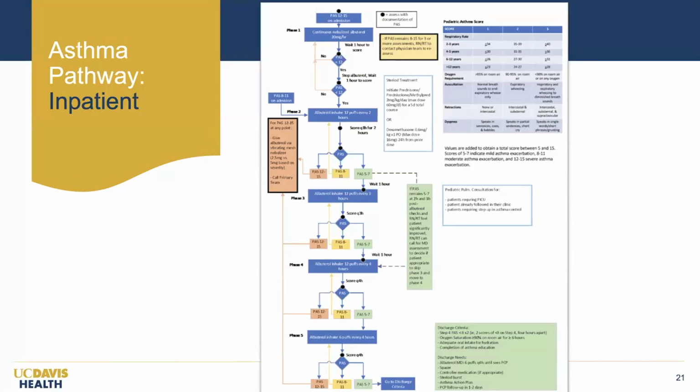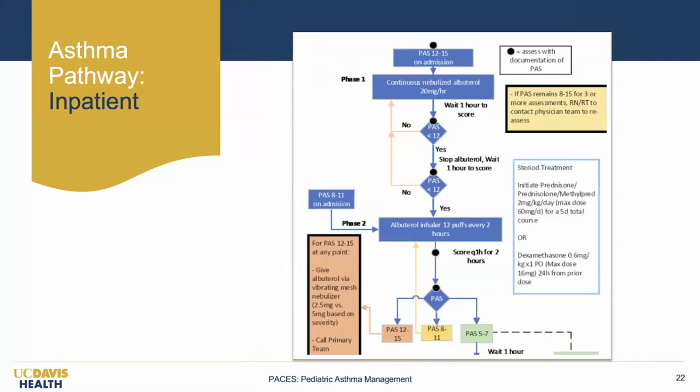When a patient is able to consistently tolerate that, that's when we are moving towards discharge criteria. On the right-hand side, we have our pediatric asthma score that we're using to evaluate the patients. And then we'll go through more details in terms of when we involve our pulmonologist as well as our discharge criteria.